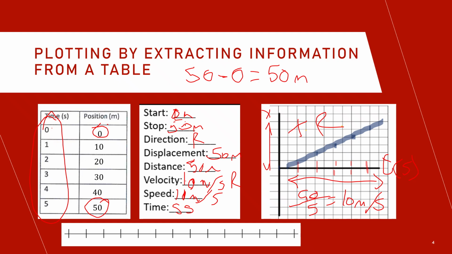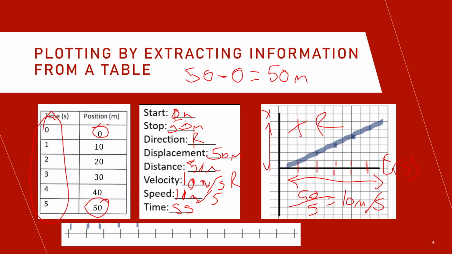So what we expect to see on our motion map is that we have at least 5 dots for the 5 seconds, and they are moving to the right. I'm going to go ahead and put those. 1, 2, 3, 4, 5.